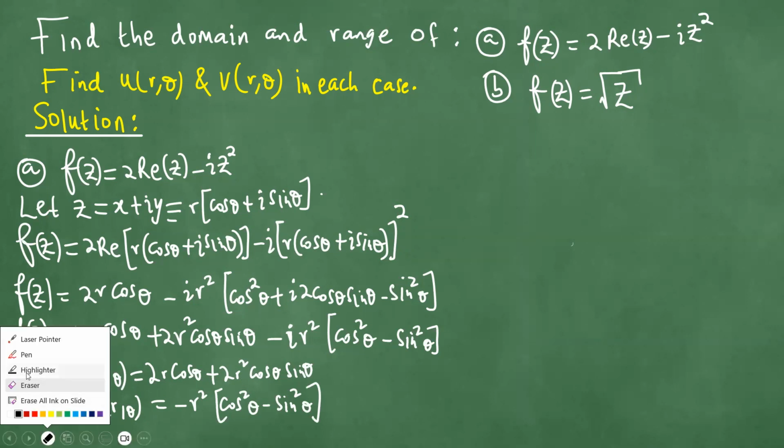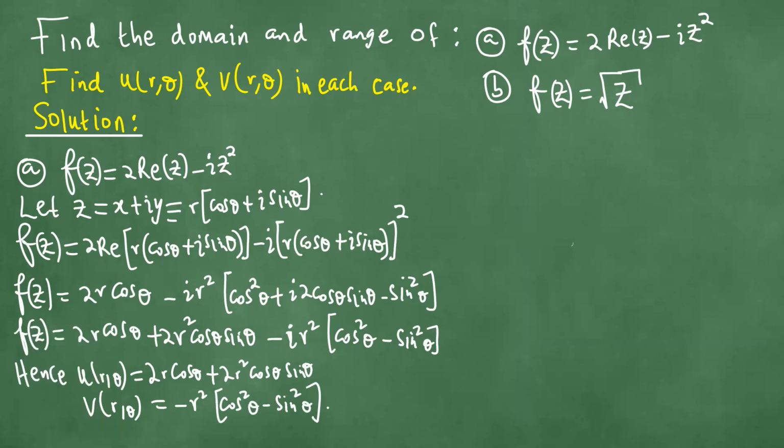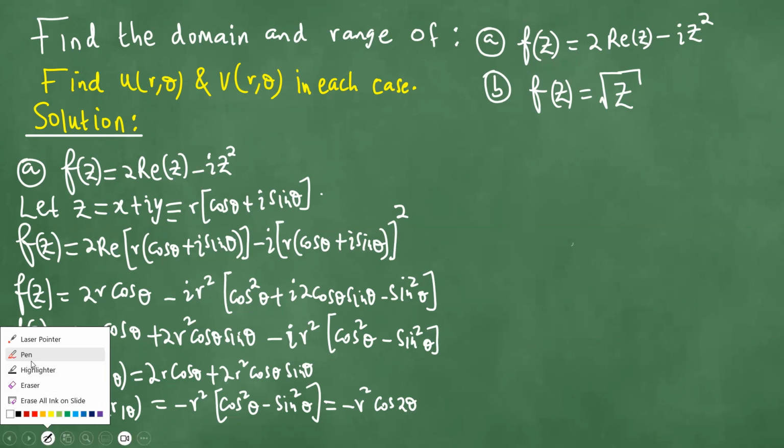Now, there are a couple of realizations we can make. This also can be written as follows. Because cosine squared minus sine squared is cosine 2 theta, this can also be written as minus r squared cosine 2 theta. We asked a couple of questions about the domain and the range.